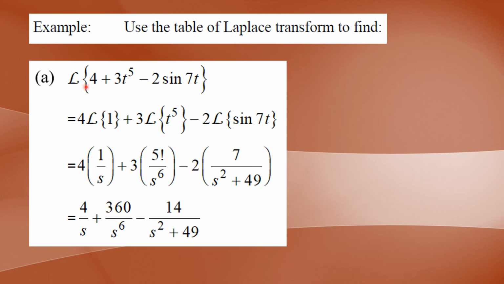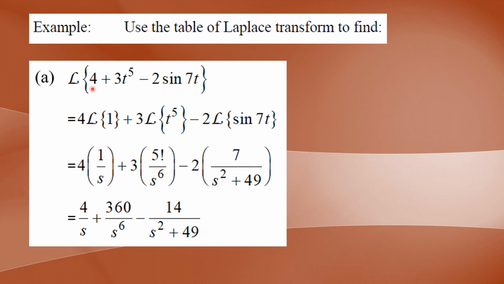In other words, the Laplace transform of 4 plus 3t to the 5 minus 2 sine 7t is equal to the Laplace transform of 4 plus the Laplace transform of 3t to the power 5 minus the Laplace transform of 2 sine 7t. But we know that 4 is equal to 4 times 1, and therefore the Laplace transform of 4 can be written as 4 multiplied by the Laplace transform of 1.